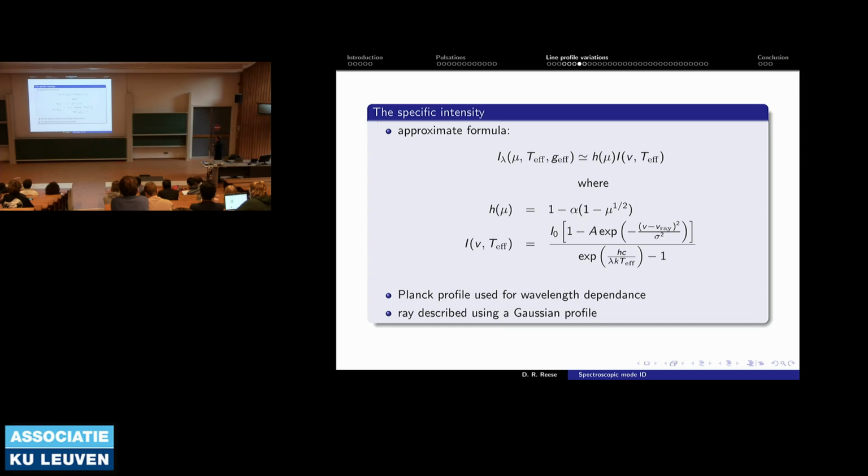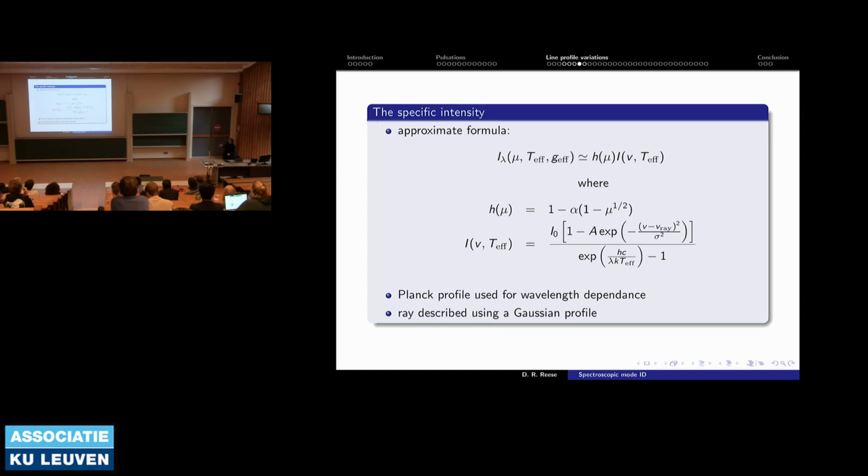Now, I've made a number of approximations in what follows because I don't fully master how lines form in stellar atmospheres. So I've used simplified models. For the specific intensity, I've modeled it using this formula.